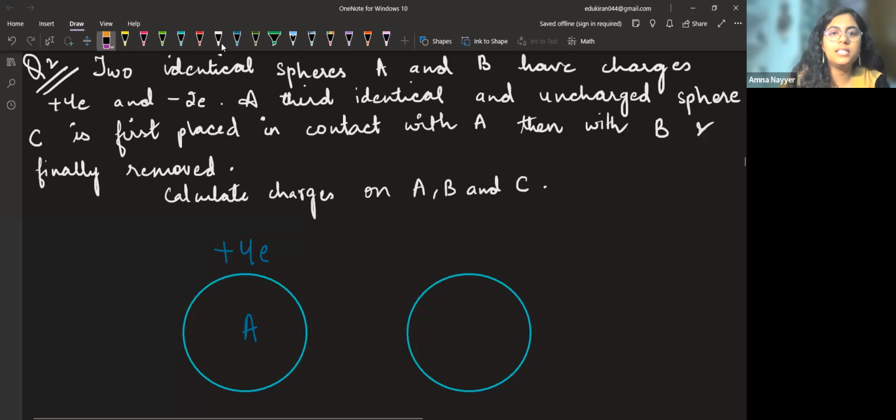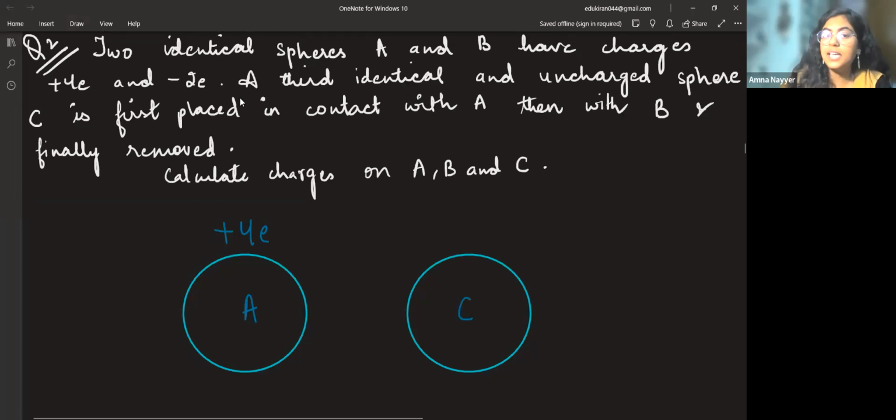First, C is placed in contact with A. Both of them are identical, so charging by conduction will occur and the charges will be distributed equally.